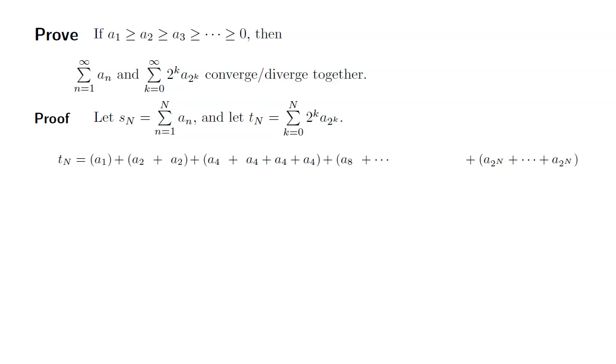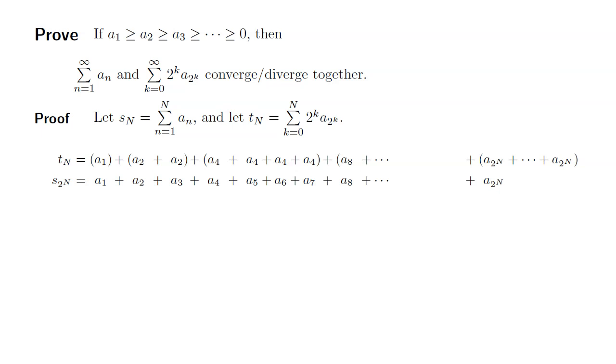You start with a1, and then you're going to have 2a2, 4a4, 8a8, and so on. And the last one is going to have 2^N terms of a sub 2^N.